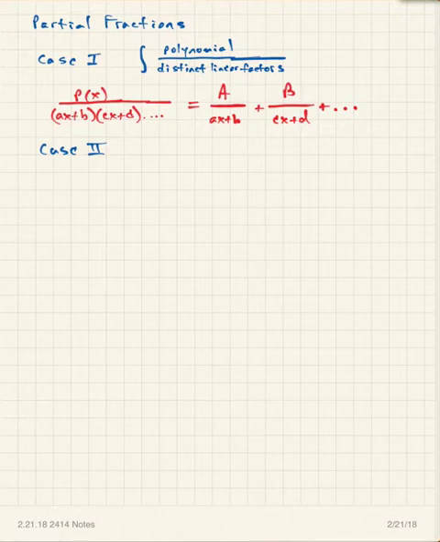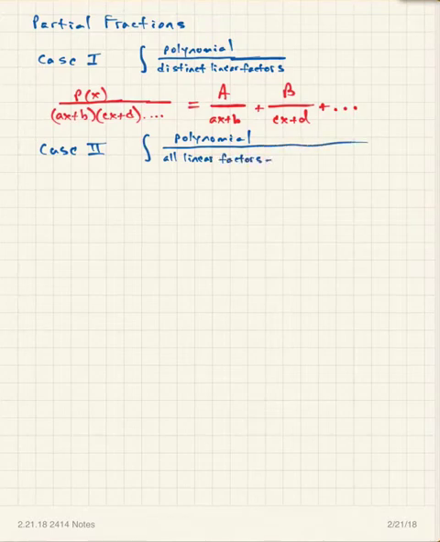All right, case 2 is you have a polynomial in the numerator, and you have in the denominator all linear factors, but at least one is repeated. So that means at least one linear factor occurs multiple times.